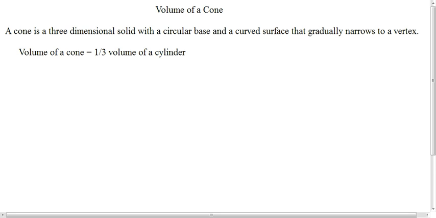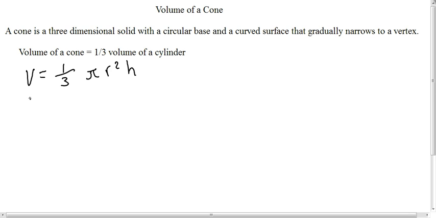The volume of a cone is actually just 1/3 the volume of a cylinder, and we can illustrate it with the formula V is equal to 1/3 pi r squared times the height.